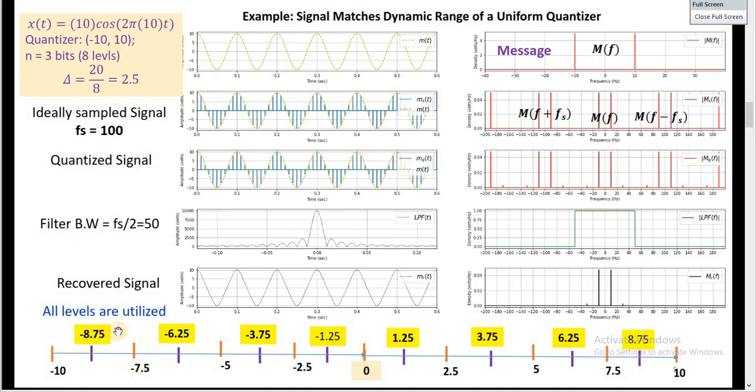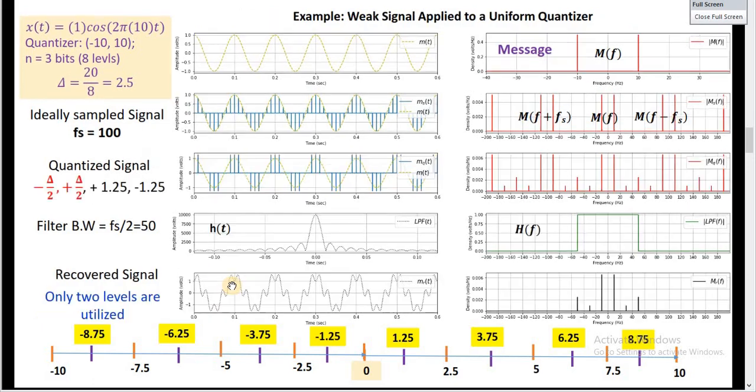In this case, these quantized levels actually take on any one of all the 8 possible quantization levels. So all the quantization levels will be utilized by the quantizer. So we have a high signal to quantization noise ratio.